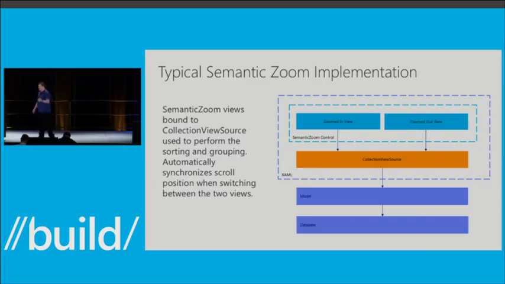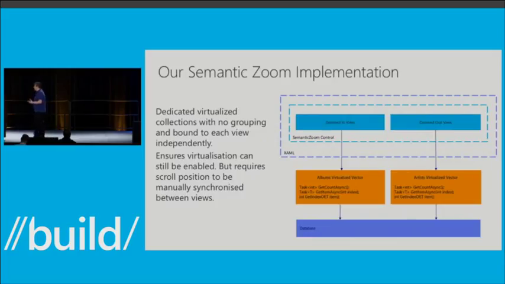That might be fine if you've only got a couple of thousand items in your list, but that's not going to be good enough for us. So our solution was to implement our own virtualized vectors, or virtualized collections.